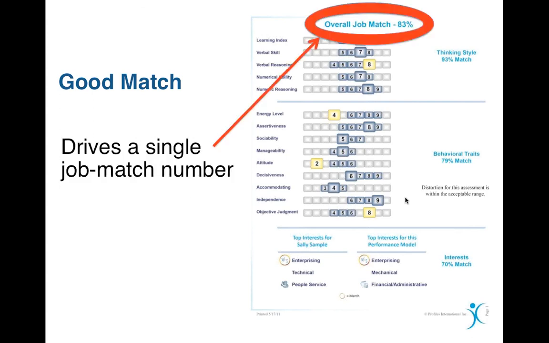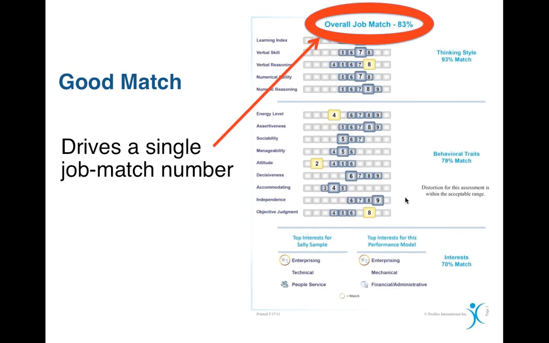Now, one unique feature is that it shows you, the hiring manager, the overall job match pattern in a single number, which, as you can see here, is an 83% job match for that particular position.